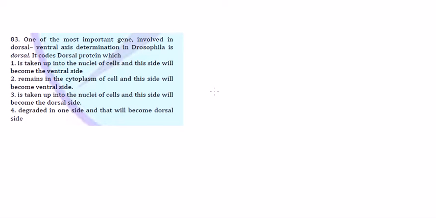Now in this case, what we know is that the gene dorsal, which is present for axis determination, has two important things. First of all, they want to ask you, so it's knowledge based, it's knowledge memorizing, so it's a KM type of category of questions.